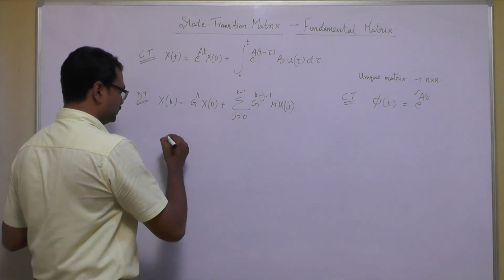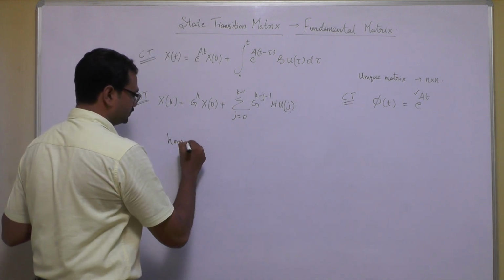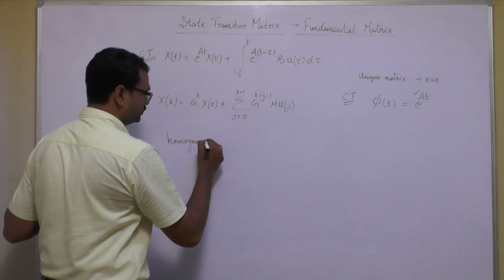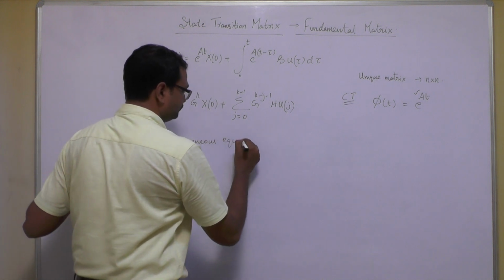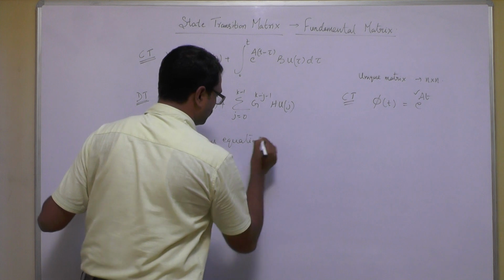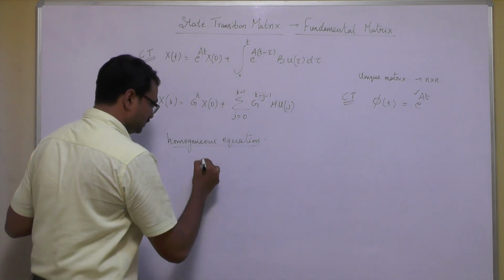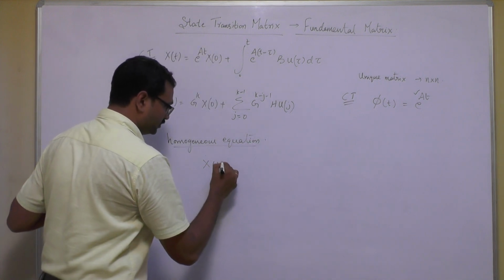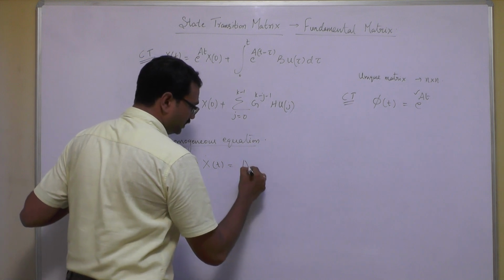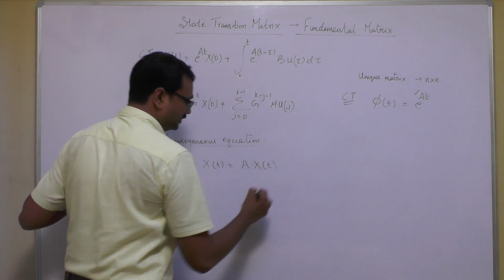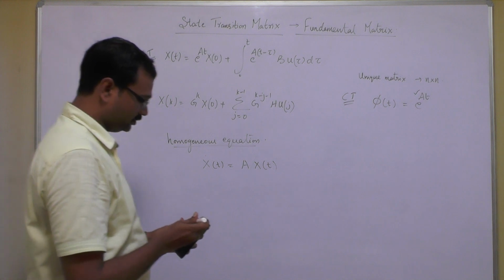Now for a homogeneous equation in the continuous time domain, x dot of t is equal to a into x of t.